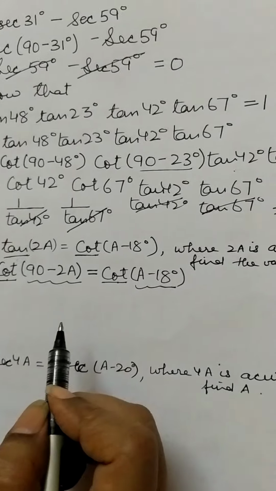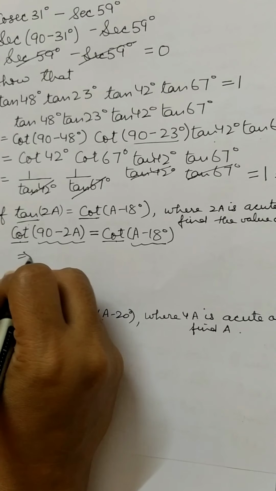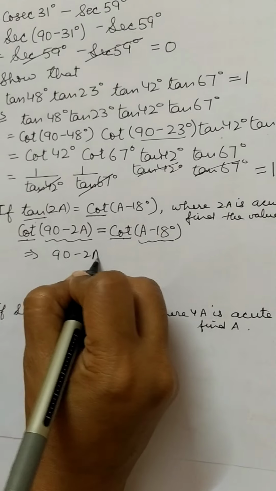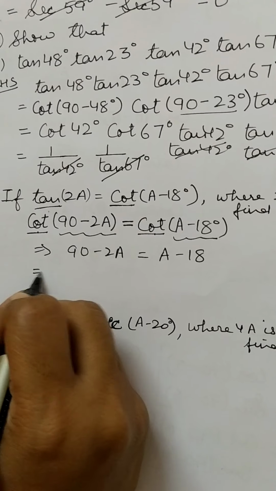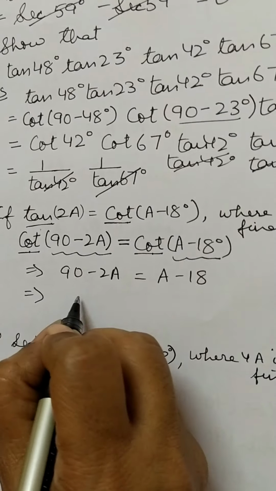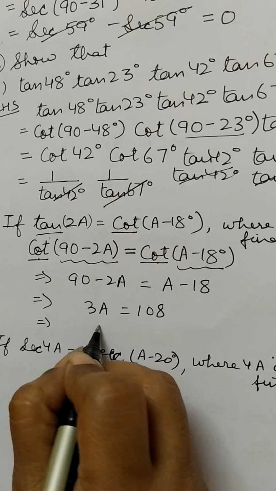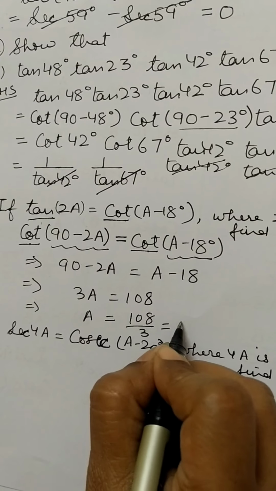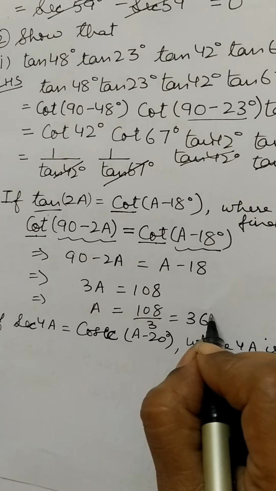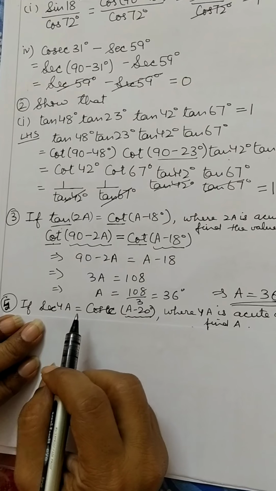These acute angles must also be same. So by comparing both the sides, we can say that 90 minus 2a, we equate their thetas, is equal to a minus 18. Solving this equation, what you will get? 3a is equal to 108, or a is equal to 36. Therefore, a is 36.